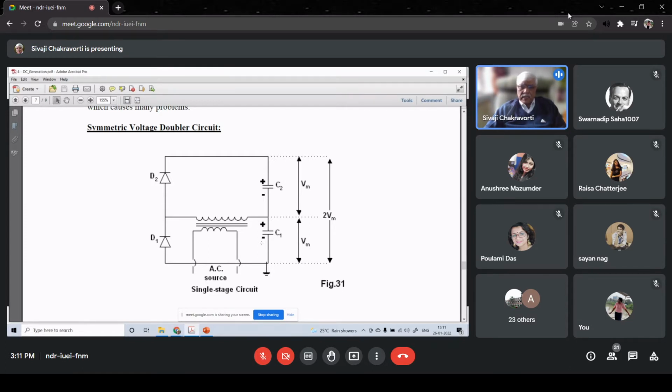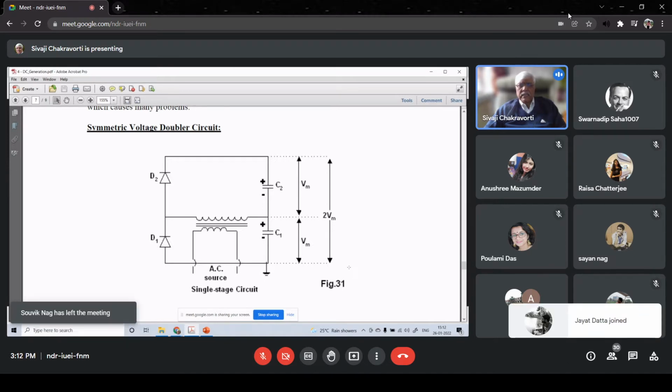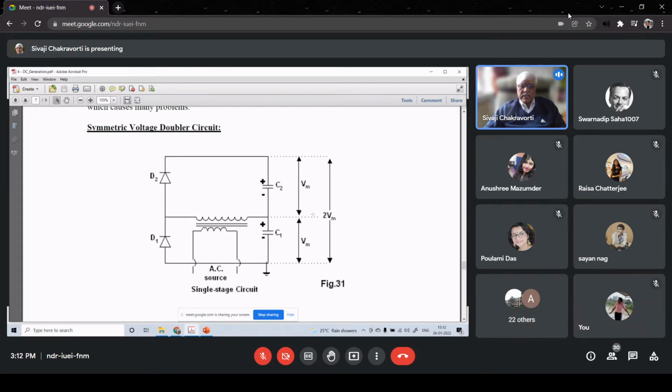And depending on the polarity of the charging of C1 and C2, the two voltages will be additive in nature. Therefore, if you take the top terminal of C2 and the bottom terminal of C1, the net output voltage that we are going to get is 2 Vm. That's why it is called voltage doubler circuit.